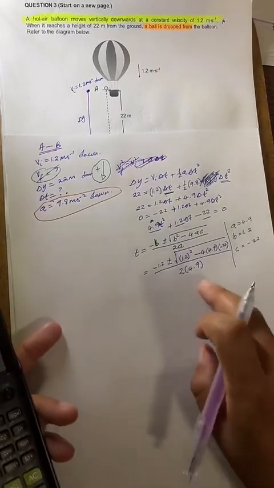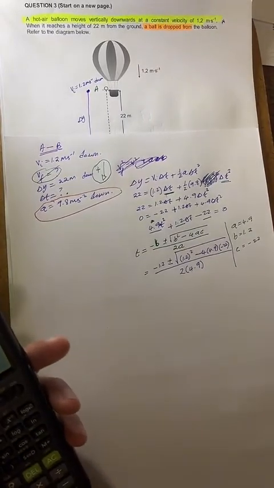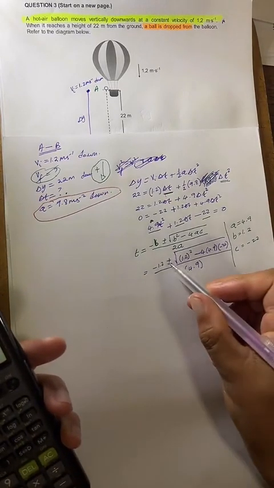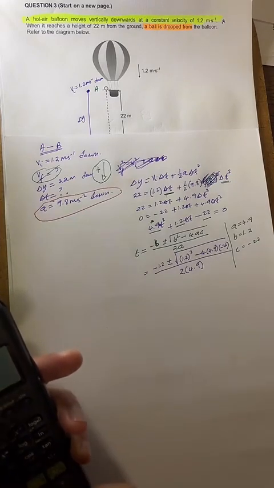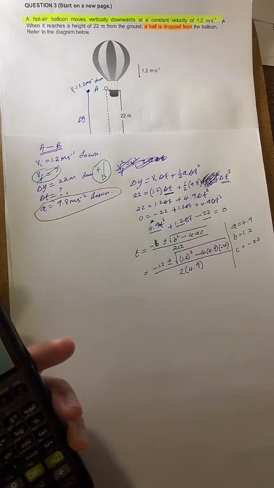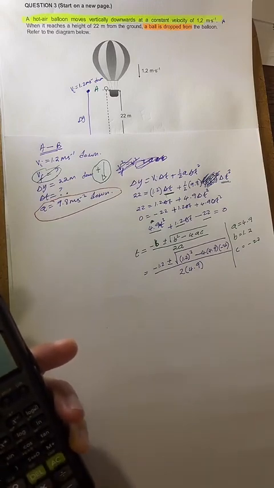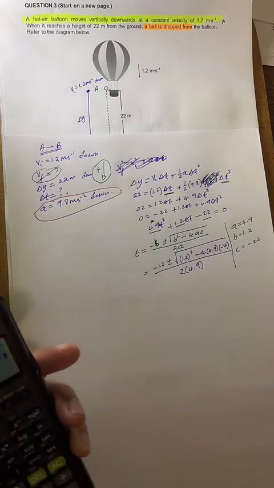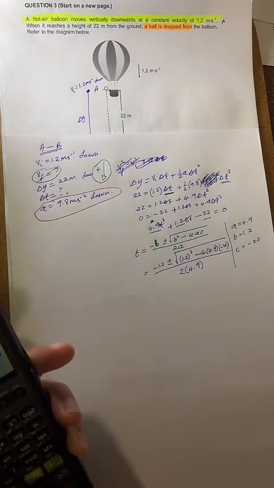So let's substitute, and those that have the answer are probably ahead of me. Negative 1.2, and the first time I'm going to put plus, the square root of 1.2 squared minus 4 into brackets 4.9, into another bracket negative 22, and then divide by 2 multiplied by 4.9.